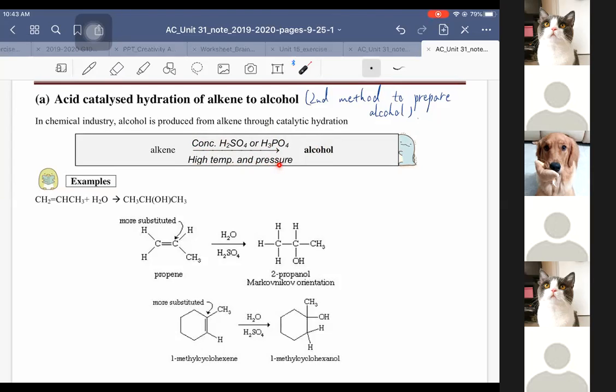Please note that concentrated phosphoric acid is preferred compared to concentrated sulfuric acid, because concentrated sulfuric acid has oxidizing ability, so it may form some side products during the reaction. So concentrated phosphoric acid is preferred as a catalyst for this reaction.